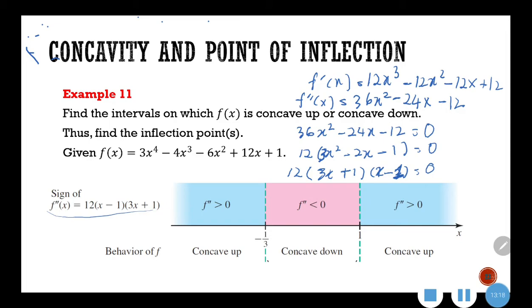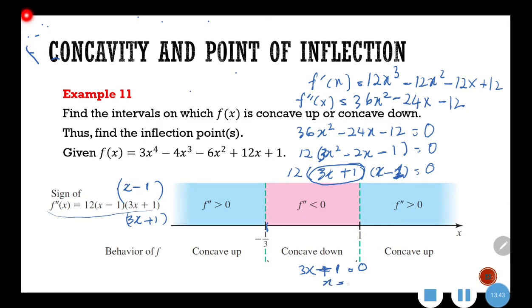If you expand it back, you will get the answer. Alright, so from here, that's why we have 3 factors to put inside: x minus 1 and 3x plus 1. So we have the point, meaning here 3x plus 1 equals to 0.